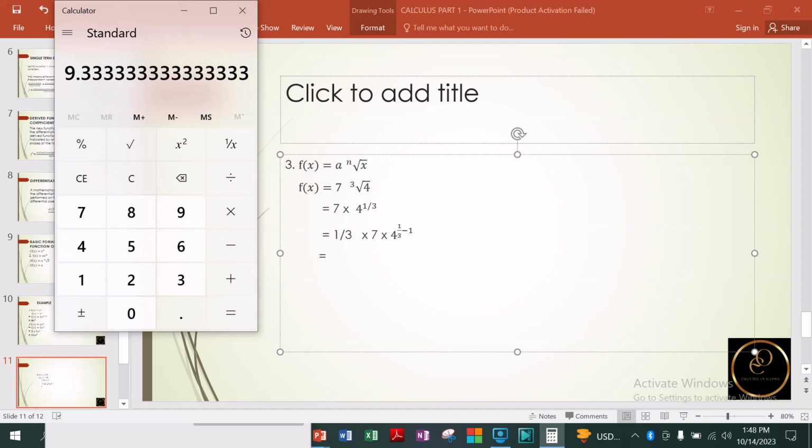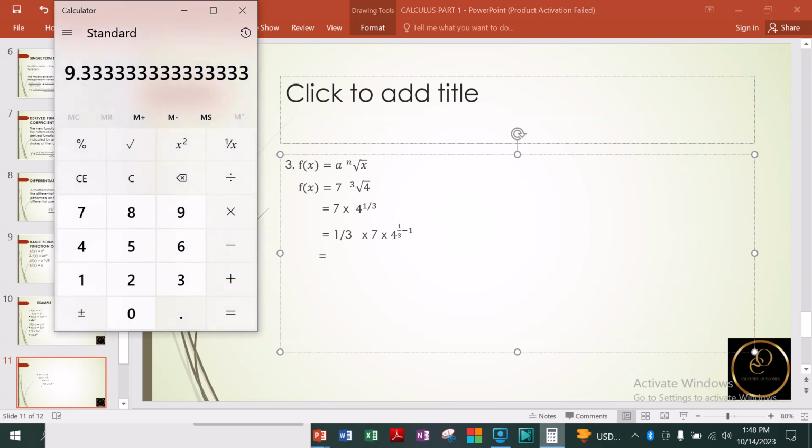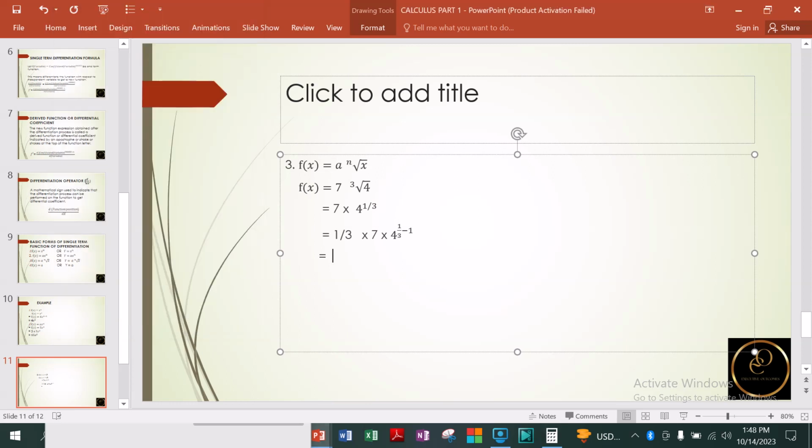So in this particular case, the calculator says 9.3.